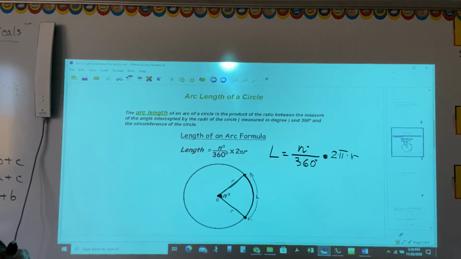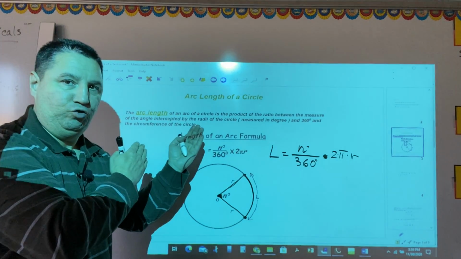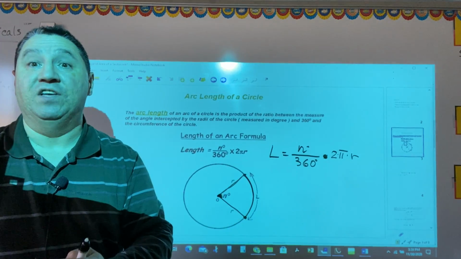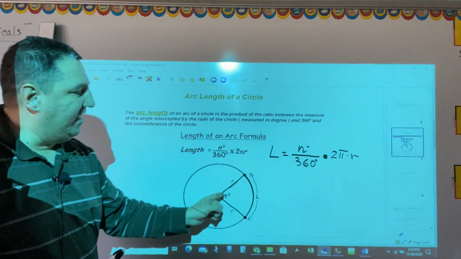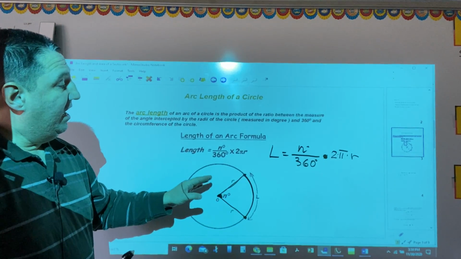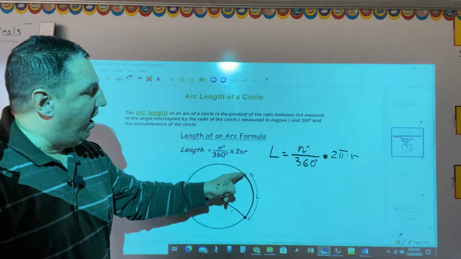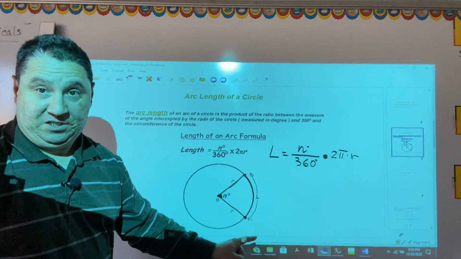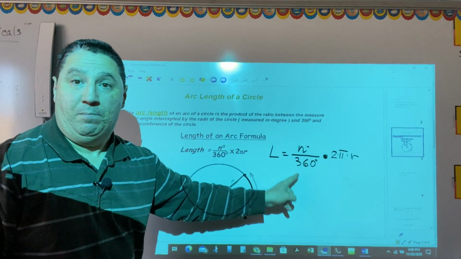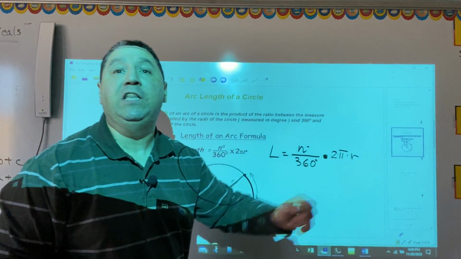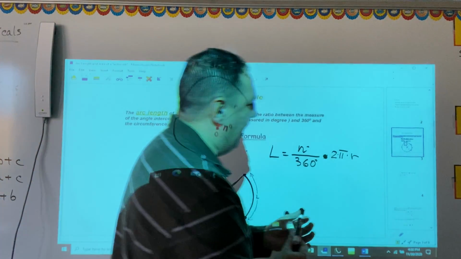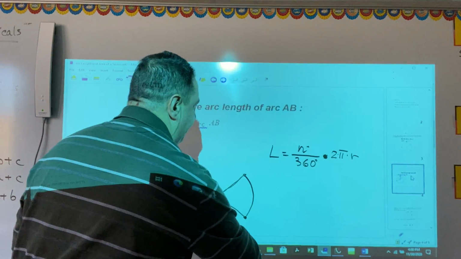So from now on, whenever you have to find the arc length of a circle or a portion of the circumference of the circle, you identify the measure of the central angle intercepted by the radii of the circle, you divide this measure of the central angle by 360, and then you multiply this ratio by the circumference of the circle.